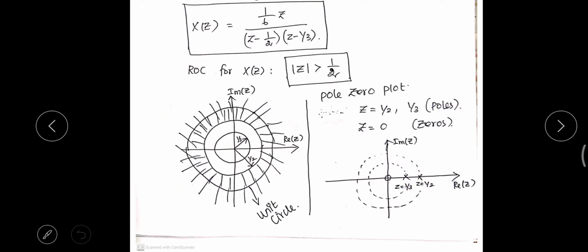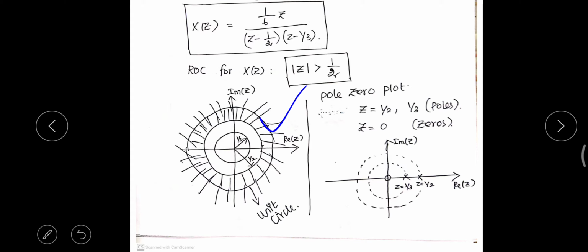Both are mod of z greater than 1 by 2 and mod of z greater than 1 by 3. Now I should take the common region between these two signals. Both are greater than 1 by 2, greater than 1 by 3, so the common region is mod of z greater than 1 by 2. So this is my ROC for the given x of n.